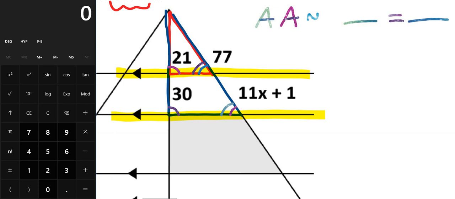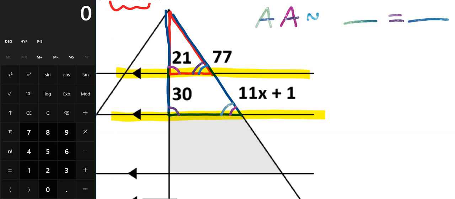What we could use are proportions when things are similar in order to solve for a missing side length or an x value. Now we could do the 21 on the left over the entire side length if we want to, but we're going to use something called the side splitter theorem, which says that you can match up the pieces that make up the sides.